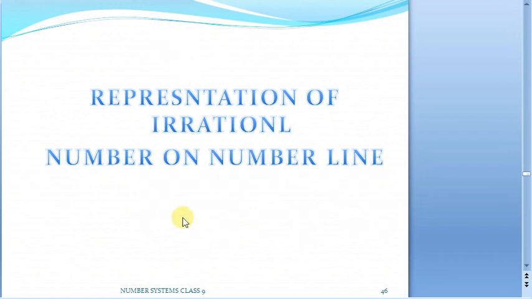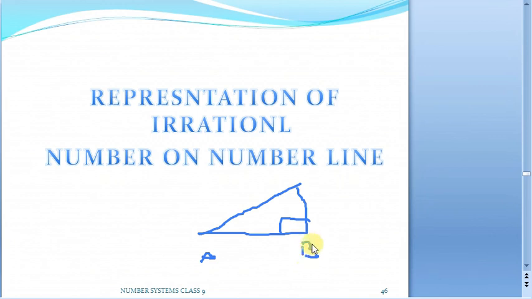We very well know the Pythagoras theorem. What does it state? Take any right angle triangle. Let me take a right angle triangle like this. Let us call it A, B, C, with the right angle at B. Square of the hypotenuse will be equal to the sum of squares of the other two sides. So can I write it as AC square, which is our hypotenuse square?